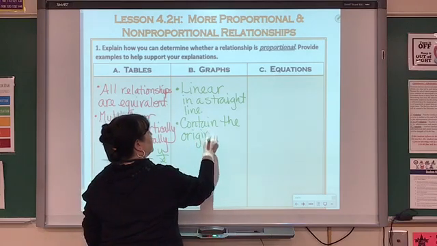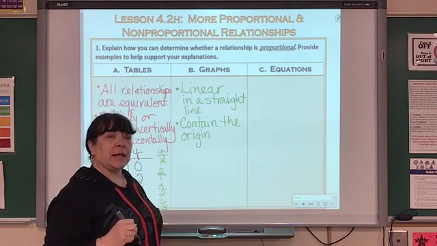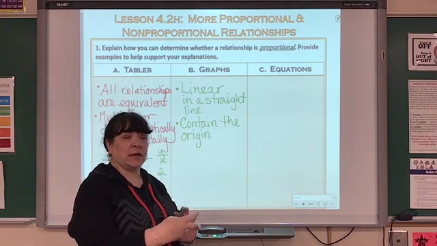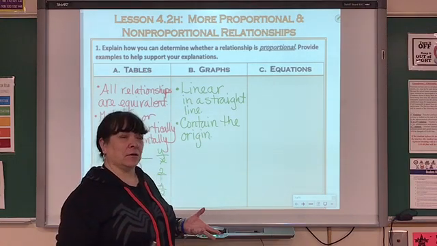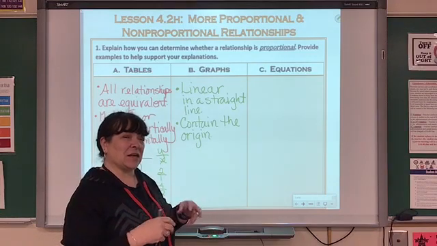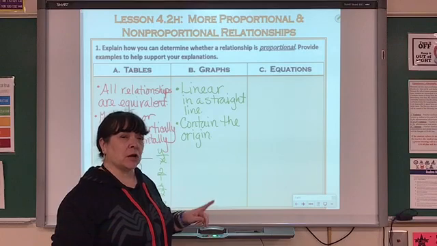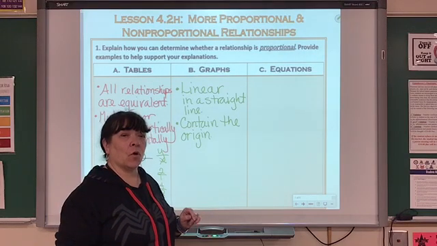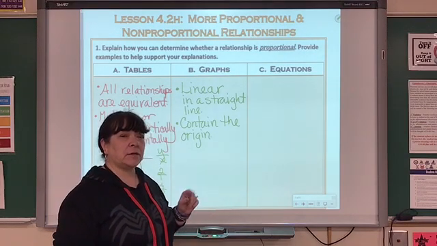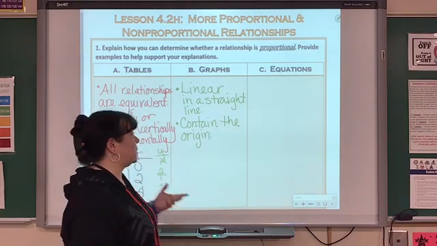Now, contain is a fancy word, meaning it holds it, it's part of it. Think about a container. A container has things inside of it, so it has to contain the origin. Now, it could start at the origin, or it could go through the origin, depending on our information.